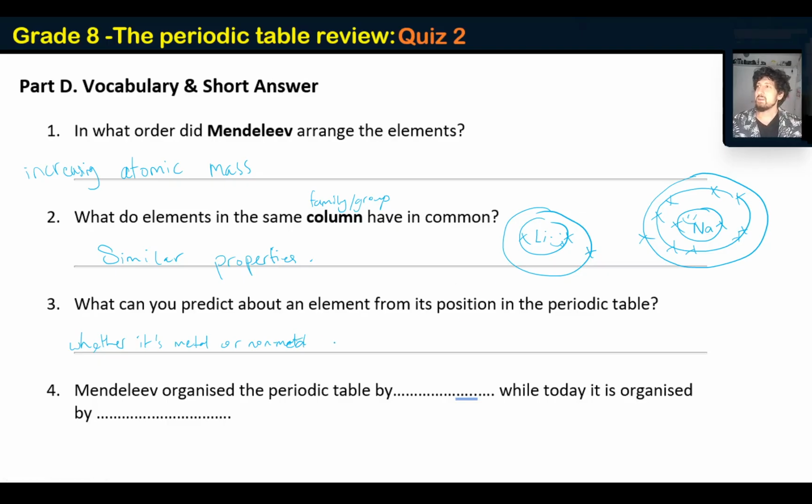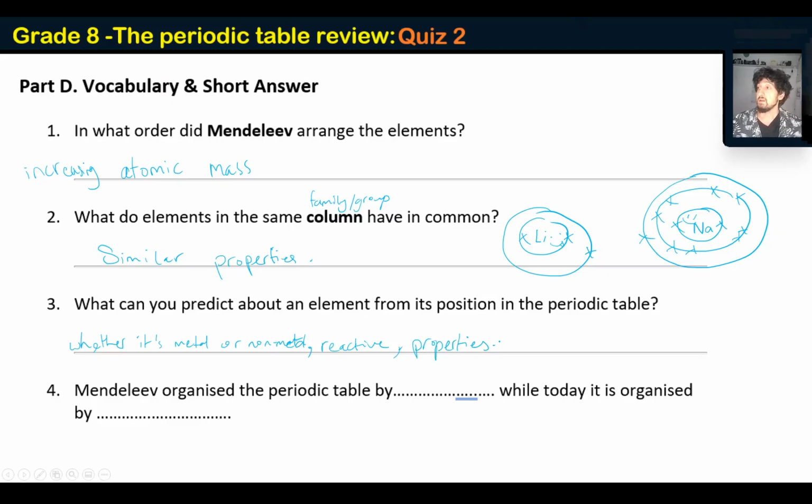Okay. Whether it's metal or non-metal, you can also predict whether it's reactive or not reactive. If it's in group 18, obviously it's not reactive. If it's in group 1, very reactive. I can predict whether it's metal or non-metal, whether it's reactive or non-reactive, and there's a few other things too. I'm just going to stop there though. I can also predict properties.